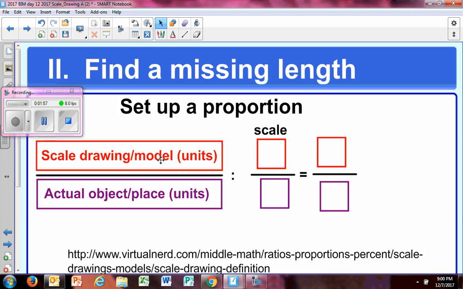Your scale drawing is on top over the actual on the bottom. So the scale proportion, this first one, is what's given to you. And then in here, this is going to be like your problem ratio, where I'll either give you the drawing and you have to find the actual, or I'll give you the actual and you have to find the drawing. So please write this down in your toolbox as well.